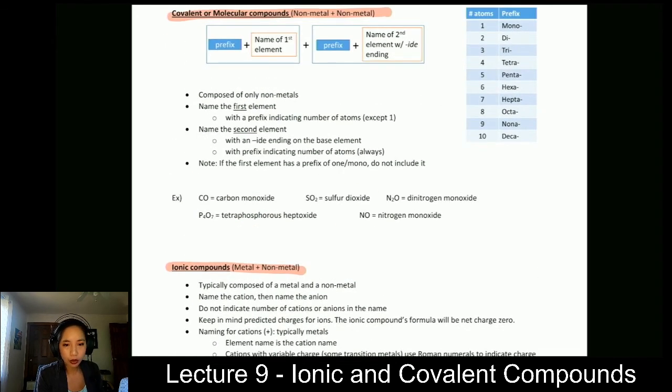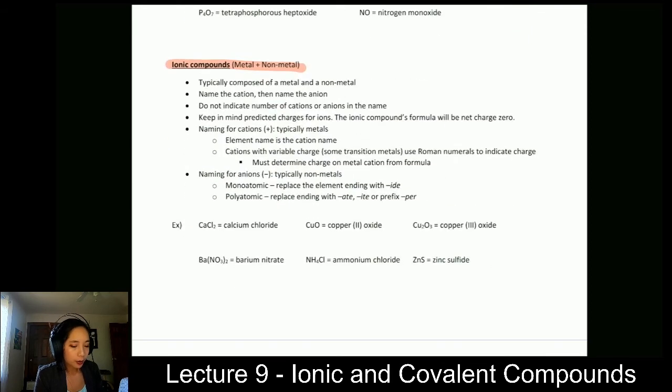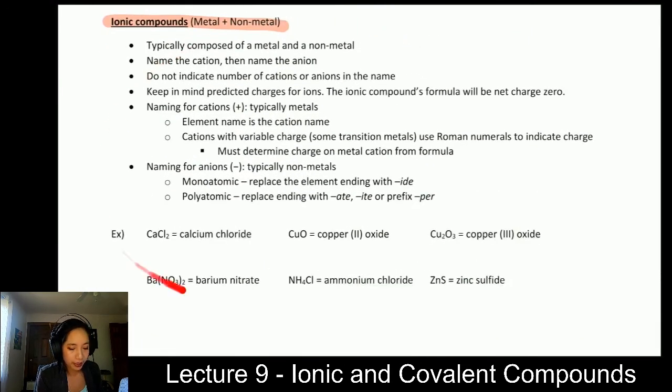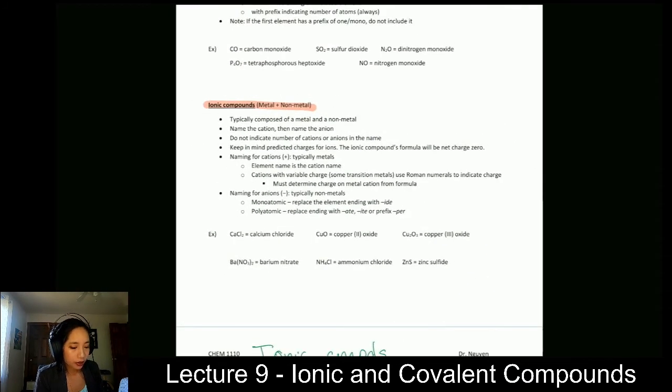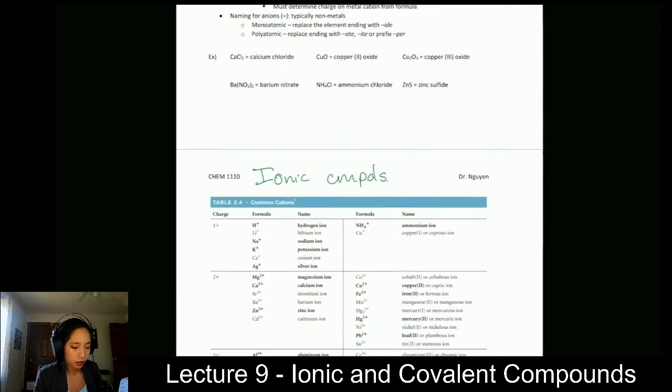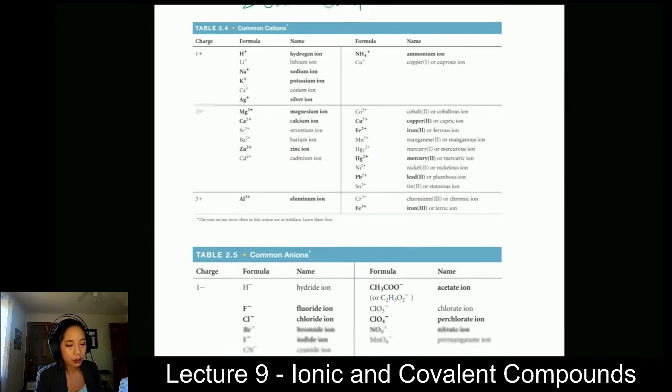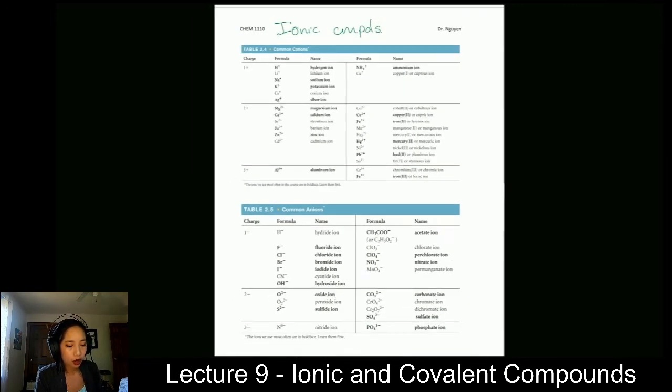Let's just ignore the first one for now because we haven't gotten there. But if we look at ionic compound naming, here are all the rules that go along with it. Ionic compounds have their own set of names for cations and anions, which are on the second page.